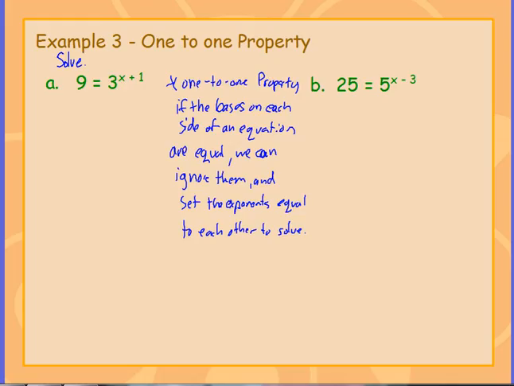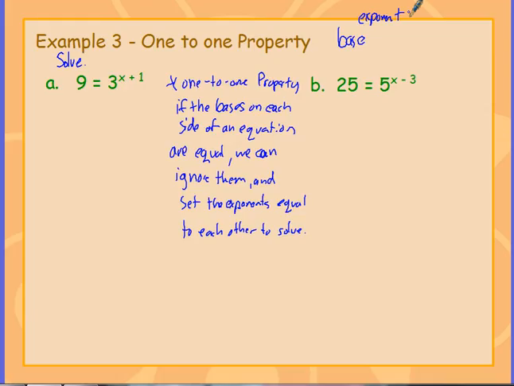Alright, so I know I shouldn't have to say it, but when I say the word base and exponent, everybody understands what I mean, right? Base is the number at the bottom, and exponent is the number at the top, correct? Or in this case, the equation at the top. So when I say if the bases on each side of an equation are equal, okay, I'm looking at my equation right here. What's the base on my right side? 3.